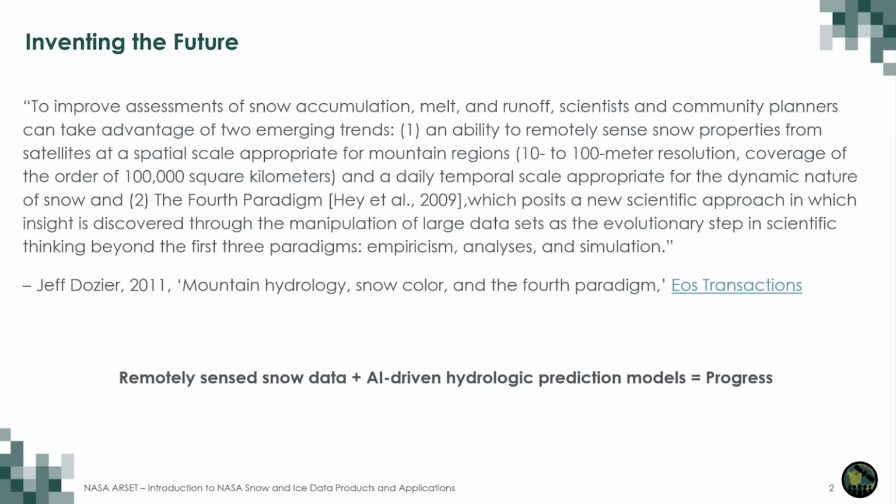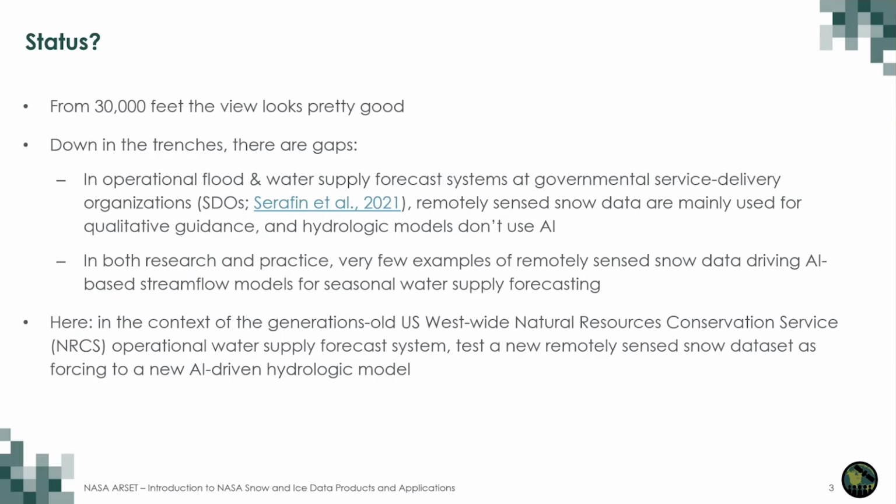The punchline was that where he saw the future, and I think a lot of us would agree, I certainly do, that progress in water supply forecasting and hydrologic prediction in general and hydrologic understanding going forward is going to reflect in large part a combination of remotely sensed snow data, particularly but not exclusively from space, with machine learning driven hydrologic prediction models. That was over a decade ago.